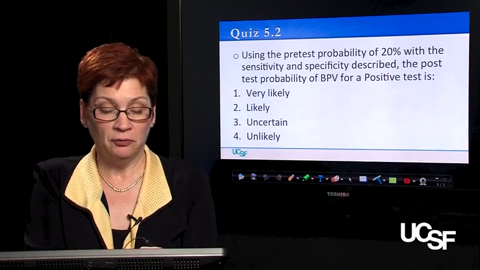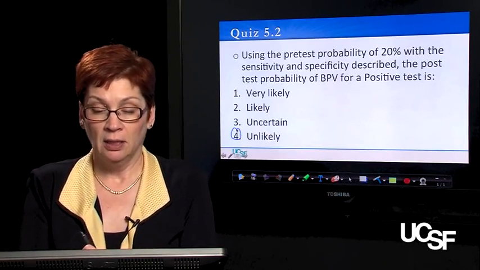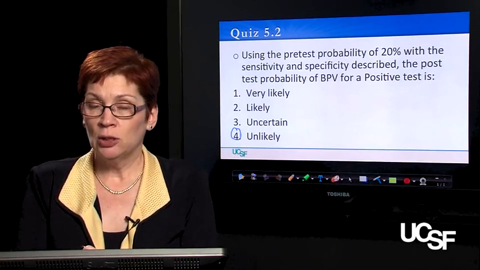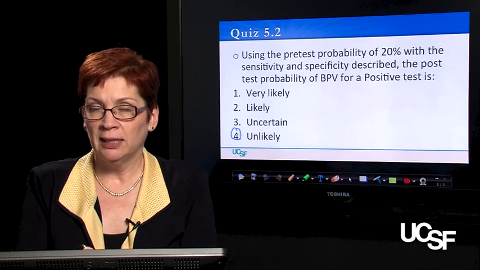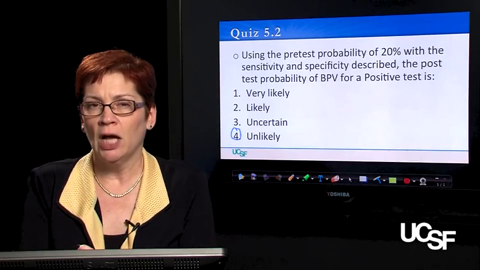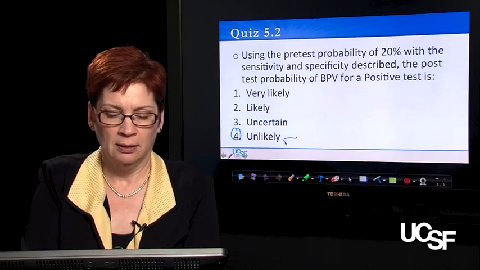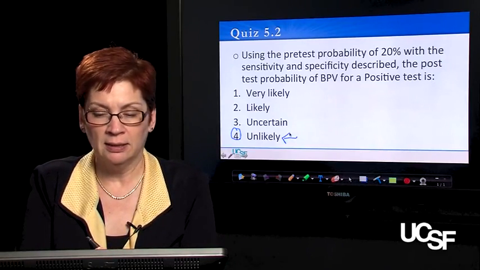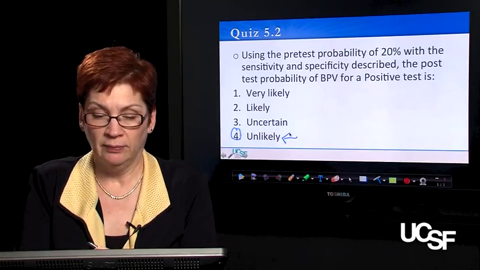And the answer is 4, unlikely. If we consider 20% to be a very unlikely pretest probability, the most a positive test can increase it to is a level of unlikely. It certainly cannot make it very likely.